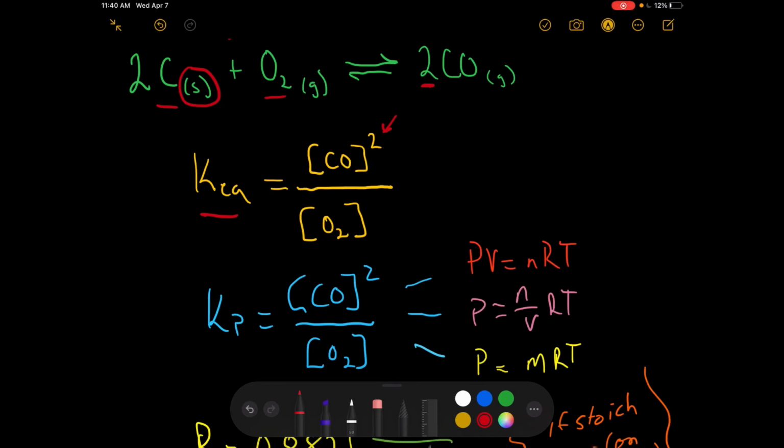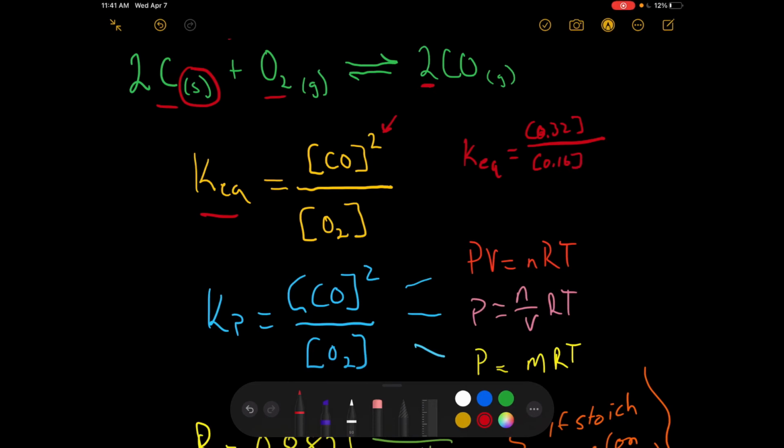Let's put some random numbers on this. Once you write out the expression, KEQ equals, at the top, the concentration of carbon monoxide, 0.32 molar, and at the bottom, the concentration of oxygen, 0.16 molar.